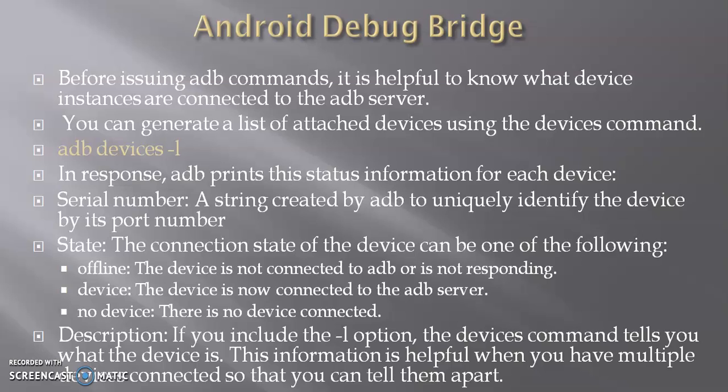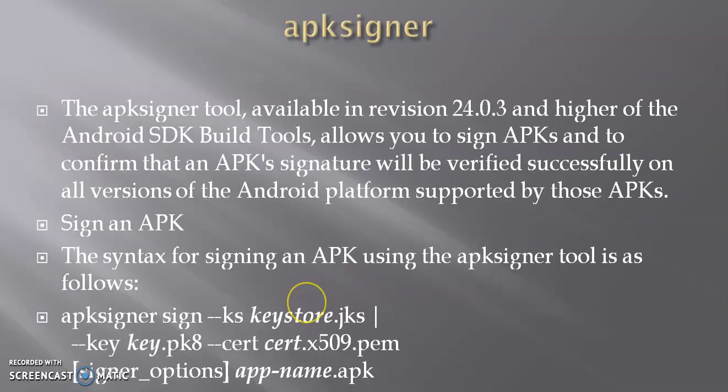Then state can be any one of the following: offline, device or no device. Offline means the device is not connected to ADB or it is not responding. The second one is device, that is the device is now connected to the ADB server. And the last one is no device, there is no device connected. The last one is the description. If you include the -l option, the devices command tells you what the device is, and this information is helpful when you have multiple devices connected so that you can tell them apart.